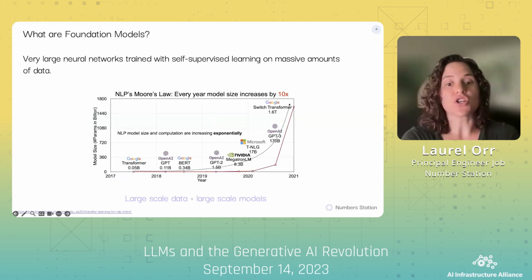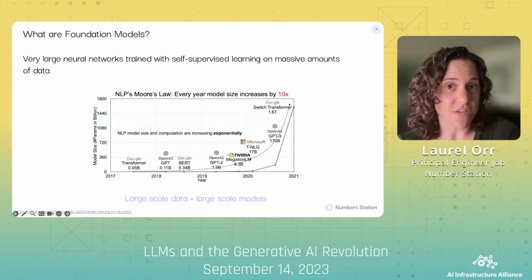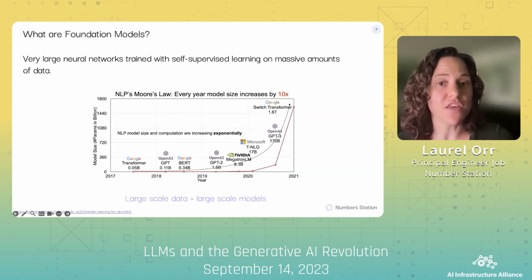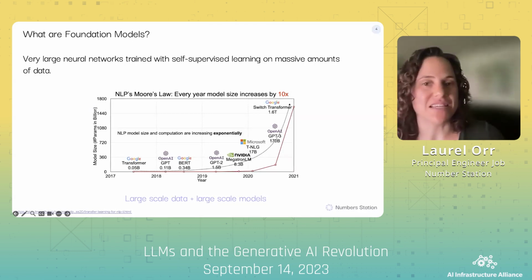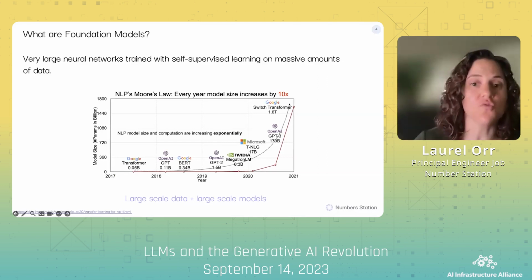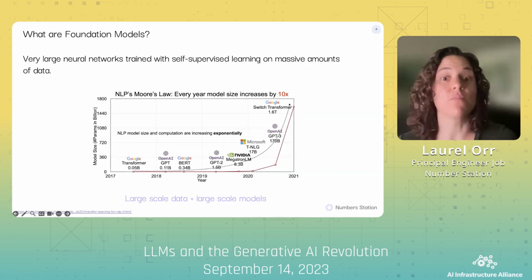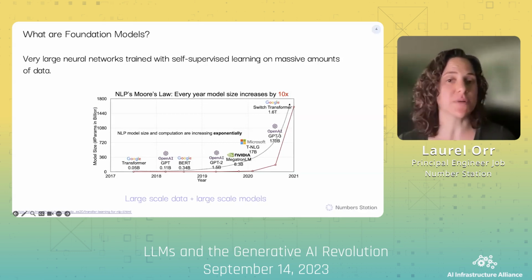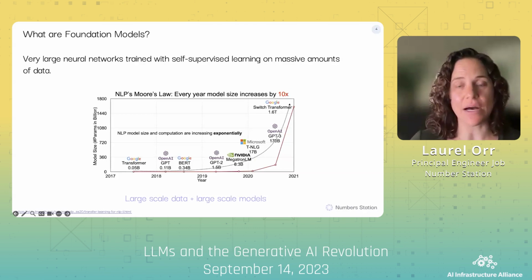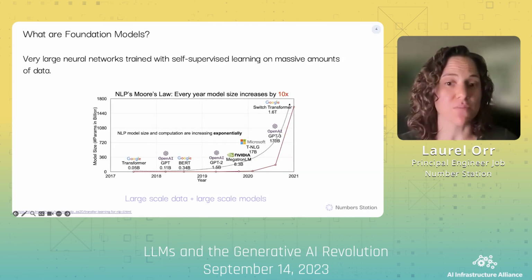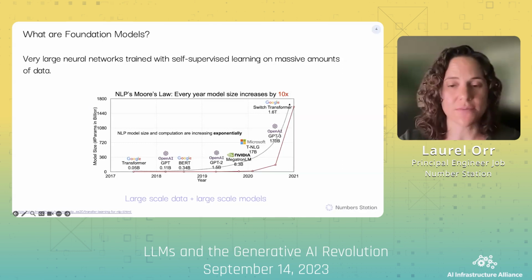With this large scale increase in the amount of data that you can train over, we also saw, around the last 5 years, a dramatic increase in the size of the models being trained. This was due to hardware improvements as well as architectural improvements, among many other things. So the result was an exponential increase in the data scale and model scale with which some of these early foundation models were being trained.